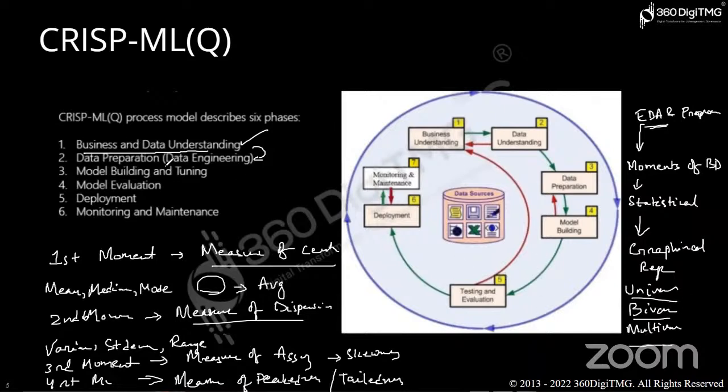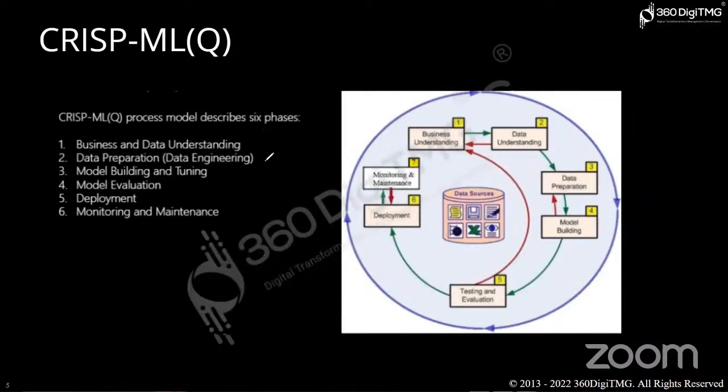So this is all about data preparation. Once data is prepared, it means the data from its raw form has been converted into a formatted state which can be readily used by our ML algorithms.